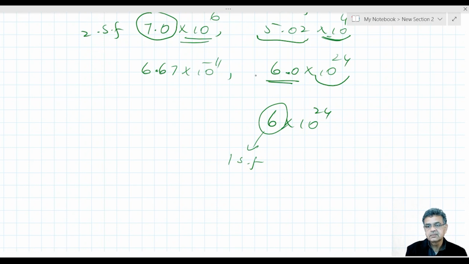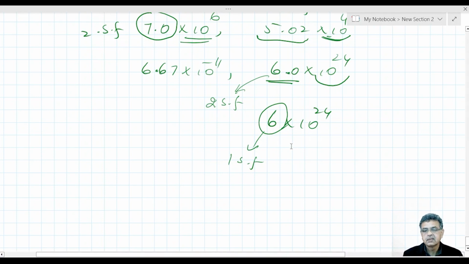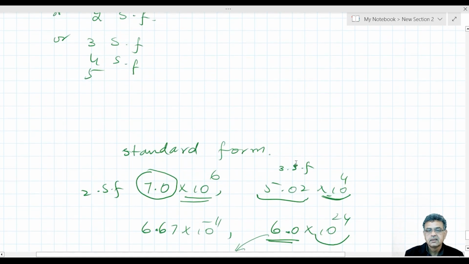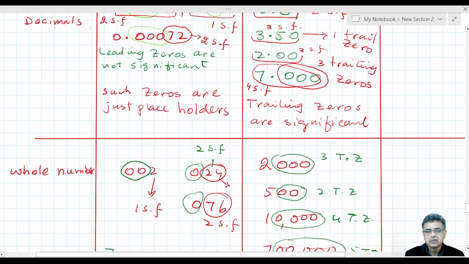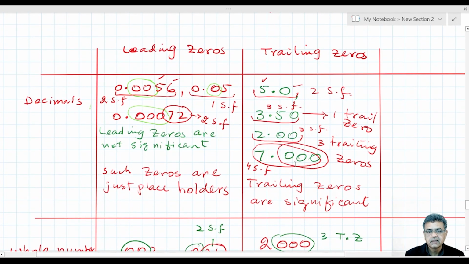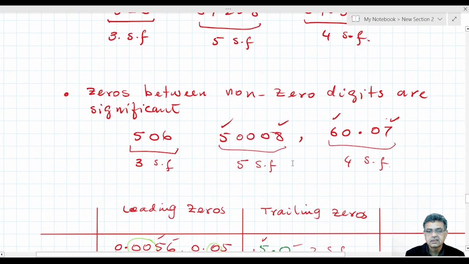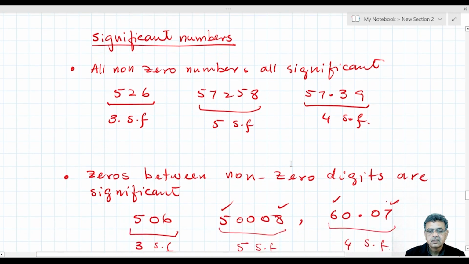If you write it as 6.0, then it will be two significant figures. So that's it about significant figures. I hope it has become clear what significant figures are.